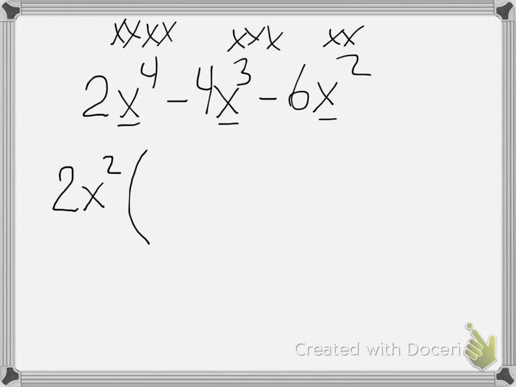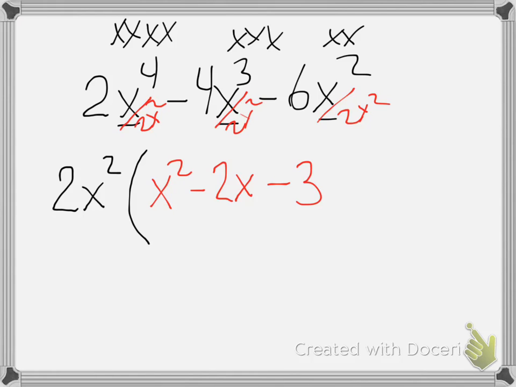Remember last section, when you factor it out, it's dividing by it. So if I divide this by 2x squared, I get x squared. If I divide this by 2x squared, I get minus 2x. If I divide this by 2x squared, I get minus 3.